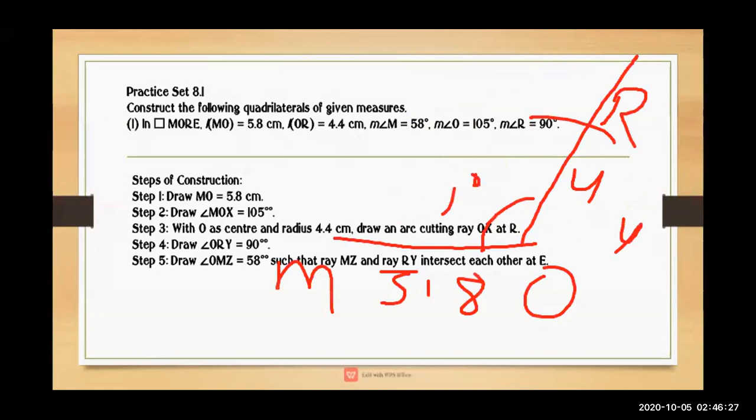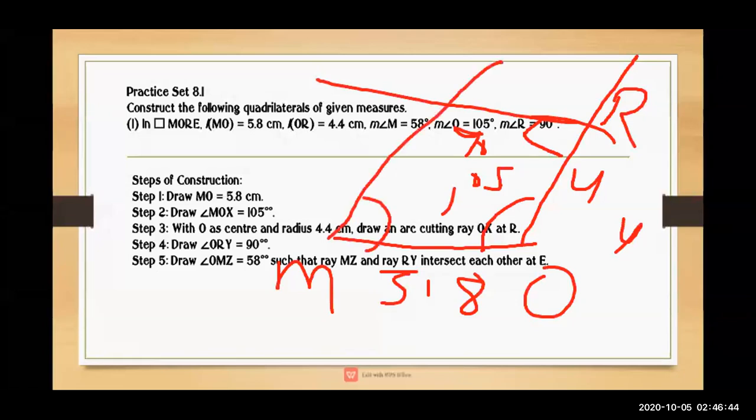Then here will be 90 degrees with the help of a protractor, and you will write 90 degrees here. Then here you will take 58 degrees at M and write E. So here M is your 58 degrees, O is your 105 degrees, R is your 90 degrees.